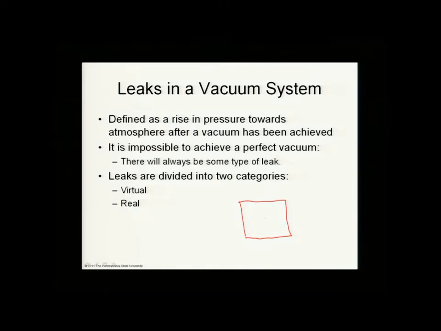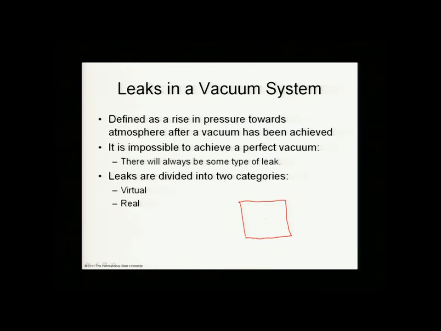You find that the pressure rises, so there's some sort of a leak present. It's impossible to achieve a perfect vacuum where there are no gas molecules present, because there's always going to be gas molecules coming from somewhere. They're going to be coming in through seals. There's going to be molecules coming off of the very materials that constitute the vacuum chamber. So you're always going to have issues.